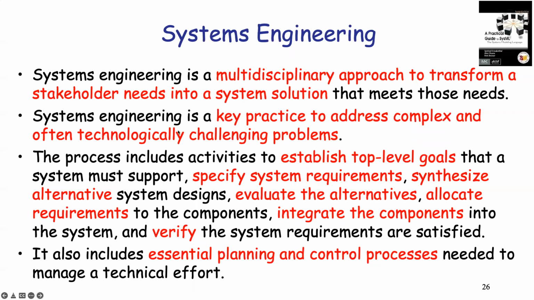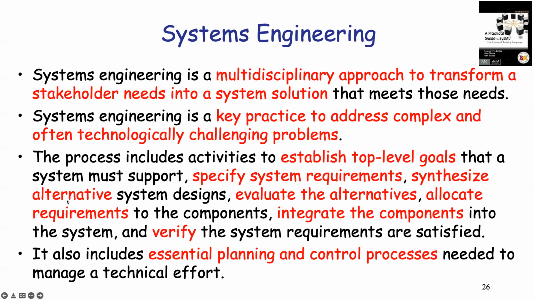Systems engineering is a multidisciplinary approach to transform a stakeholder's needs into a system solution. It is a key practice to address complex and often technologically challenging problems. The process includes activities to establish top-level goals that a system must support, specify system requirements, and synthesize alternatives.